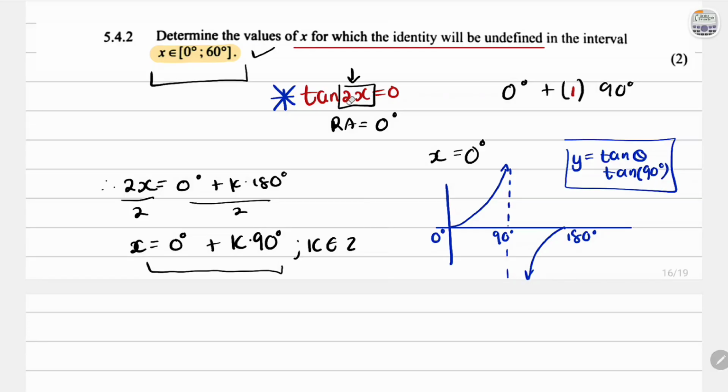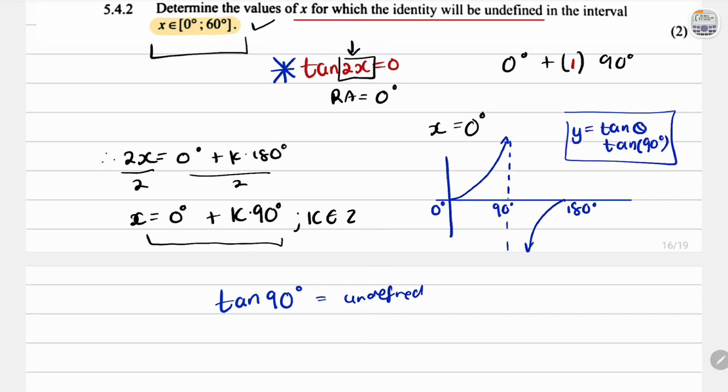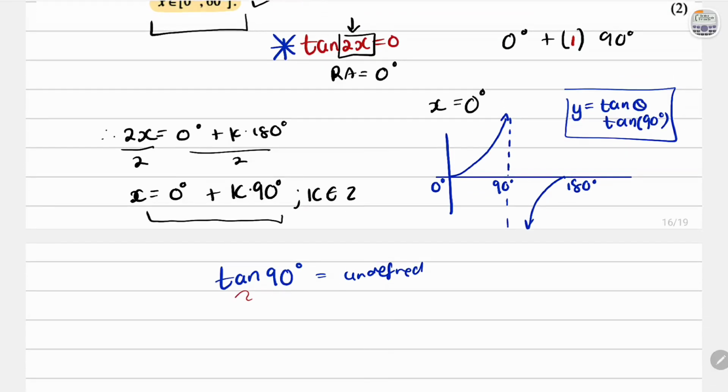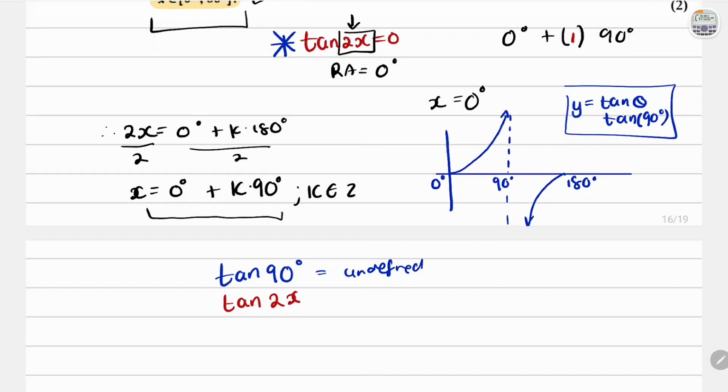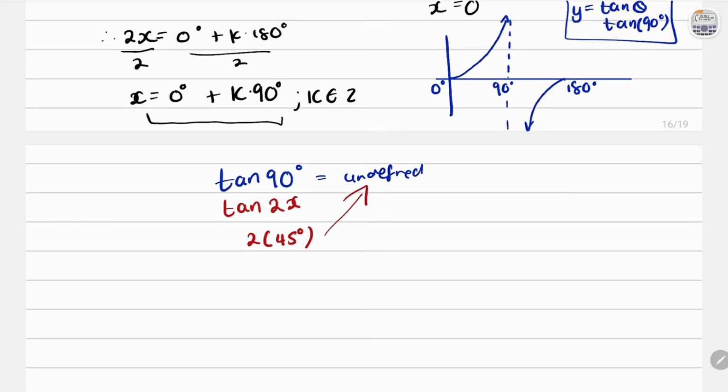But remember here you have 2x. If tan 90 degrees is undefined, then what should x be if the function we have is tan 2x? To get this to become 90 degrees, you would have to make x 45 degrees, because 2 times 45 is 90. Tan of 2 times 45 degrees is going to be undefined because of that tan 90.